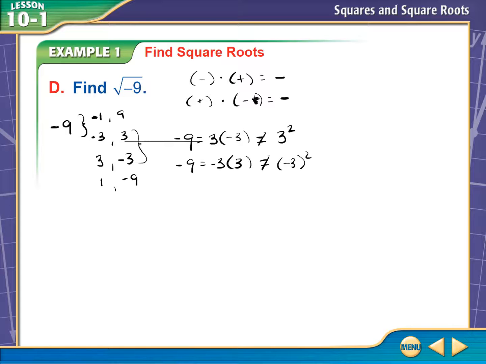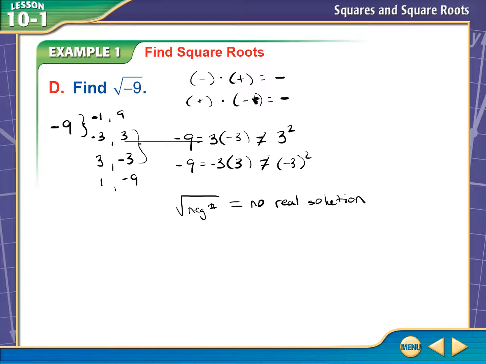So for algebra, what we do is if we had the square root of any negative number, it has, for our particular purposes here, no real solution, because there are no two real numbers that would multiply together to get a negative number.